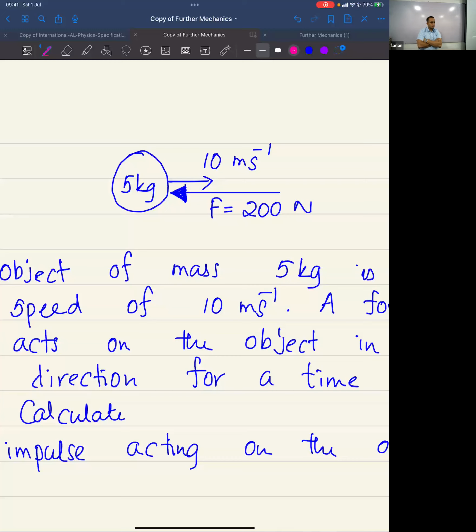Five kilogram object moving at 10 meters per second. There is a resistive force of 200 newtons.